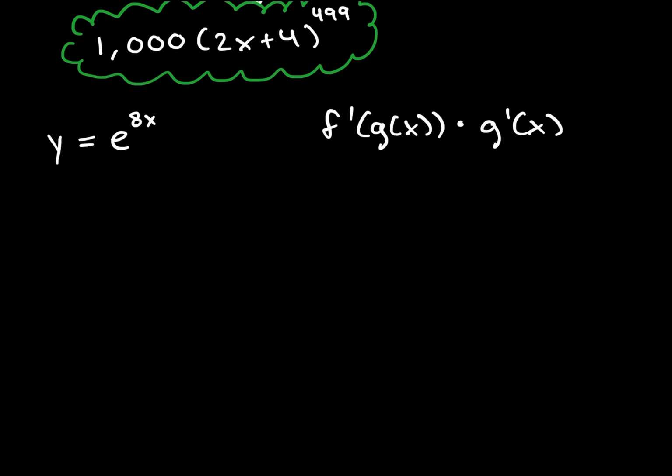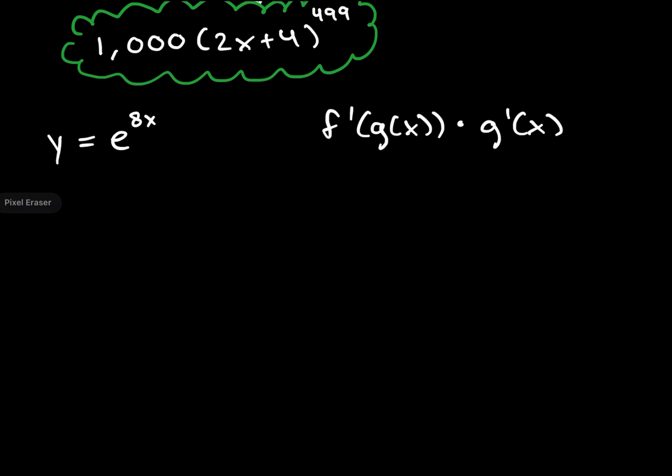However, notice that we have an e to the x, where we're using the form e of x. And when you plug something into e of x, where do you plug it into? The exponent. So for this problem, the inside is actually the 8x in the exponent.